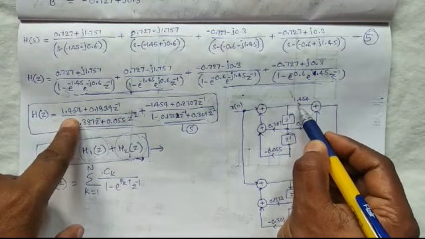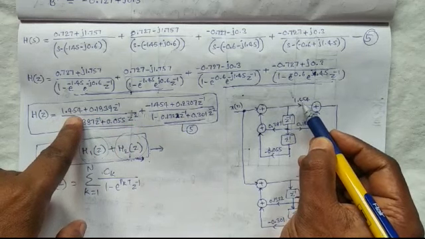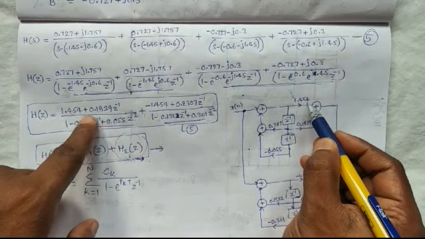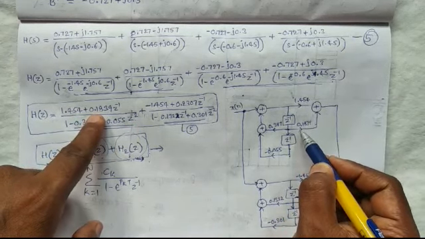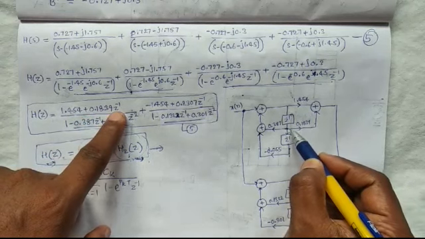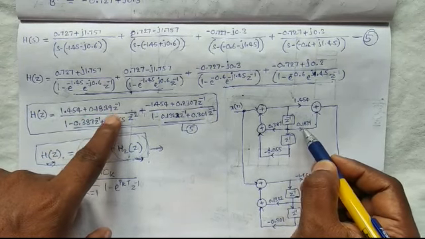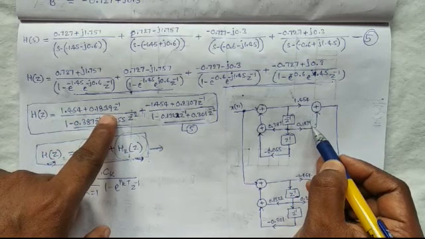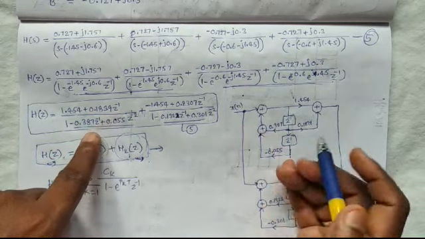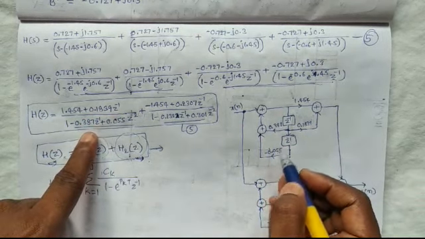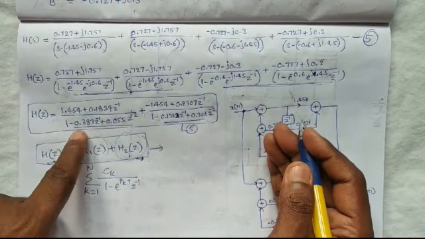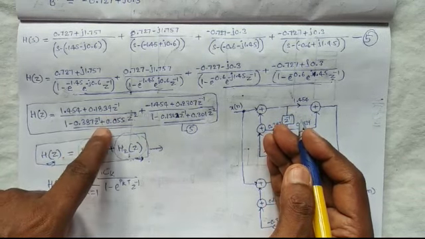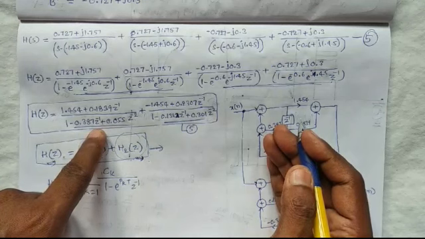Here b0 value is 1.454 and the z power minus 1 coefficient is 0.1839. On the left side we take the denominator coefficients of negative powers of z.